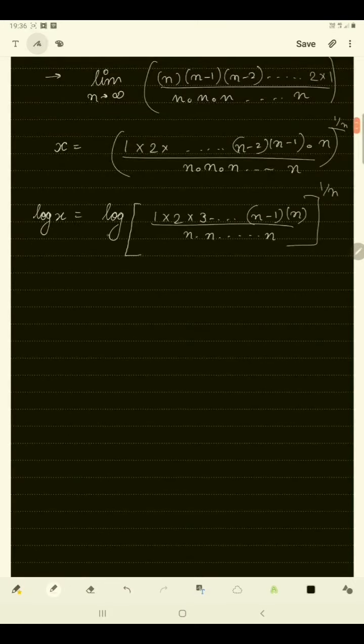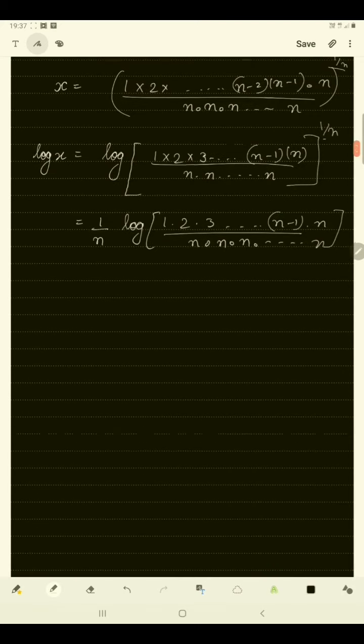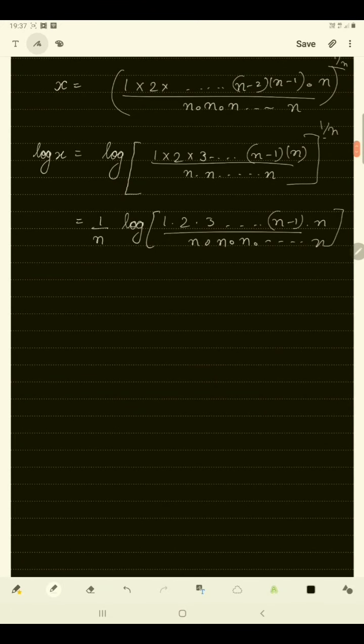So now using the properties of the log, we can take this 1 by n out of the log, since this is in power, so we can write it as 1 by n log of 1 into 2 into 3 till n minus 1 into n upon n into n into n till n. Now we need to use the logarithmic properties again, to simplify this further by separating the terms: 1 by n into 2 by n into 3 by n and go on to n by n.